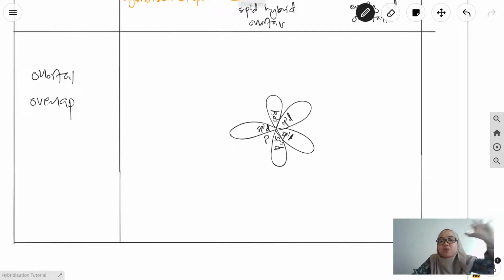So we know that they will overlap end to end with fluorine 2p orbitals, so that it can form a sigma bond. So fluorine has 2p orbitals.